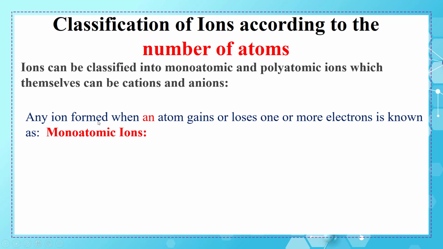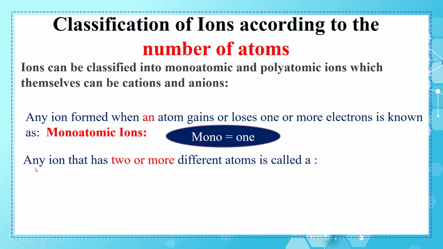So, any ion formed when one atom gains or loses one or more electrons is known as monoatomic ions. What is the meaning of mono? Keep attention and don't forget that it always means one.